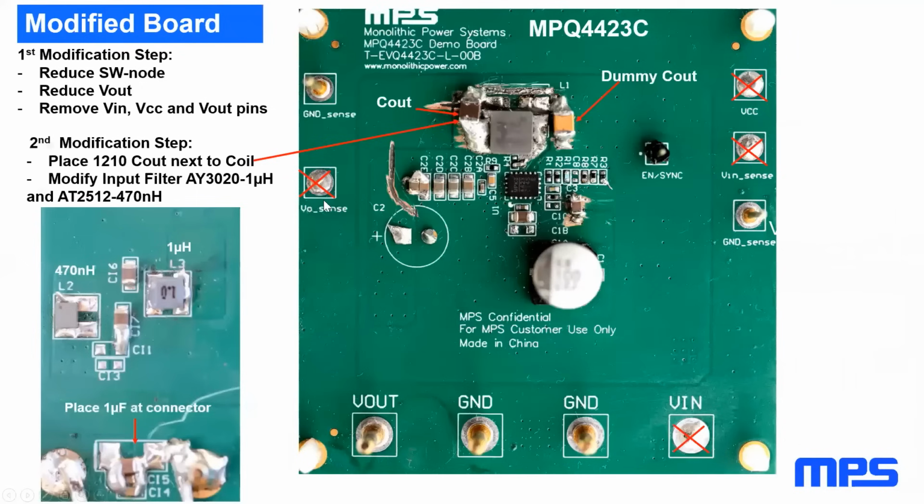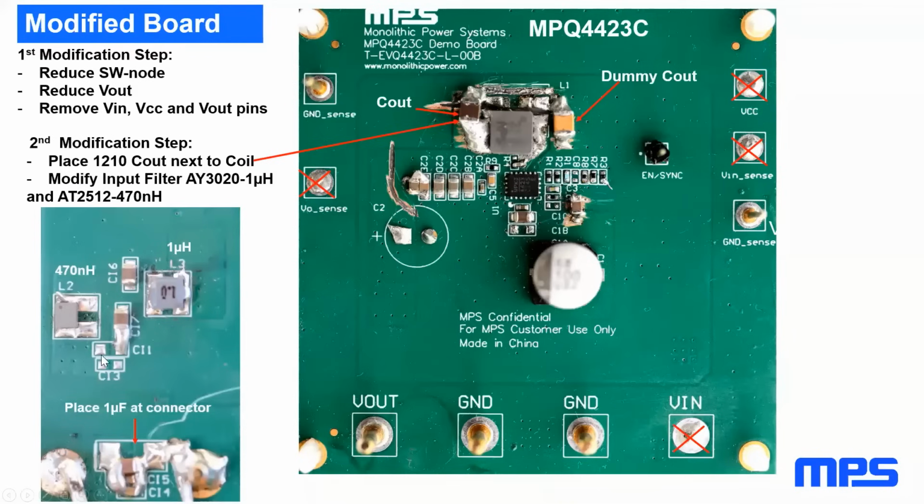In a second modification step, we placed 1210 size capacitors next to the inductor. The idea is to partly shield the E-field radiation of the coil. Actually, on the right side, I could only place a dummy cap which has both sides connected to ground. We also modified the input filter to smaller coils, 1 microhenry and 470 nanohenry.